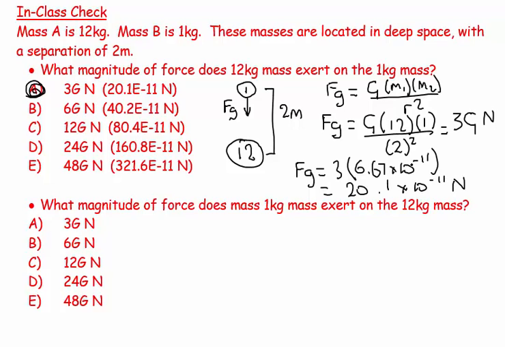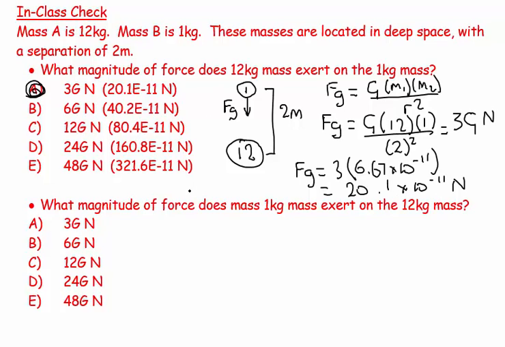So visualize it. If you have a 12 kilogram mass and a 1 kilogram mass 2 meters apart, 6 feet apart, what you'd see is that it's a tiny force of gravity attracting them.